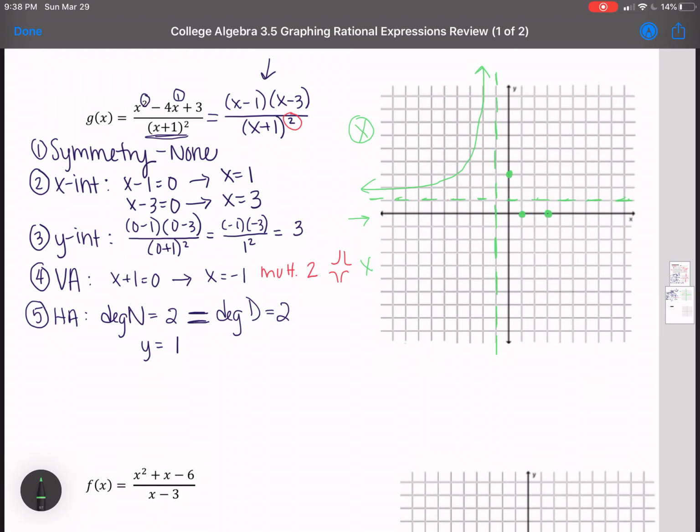Now since we're at that vertical asymptote, this is where that multiplicity is going to come into play. Since we're already up at the top, that means we're going to volcano at the top. And that's going to allow us to go through that y-intercept.